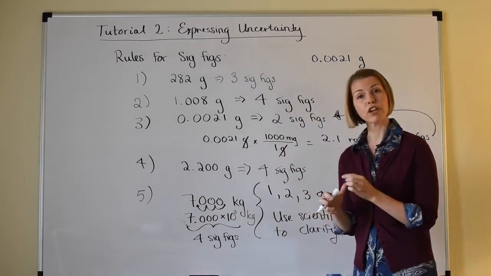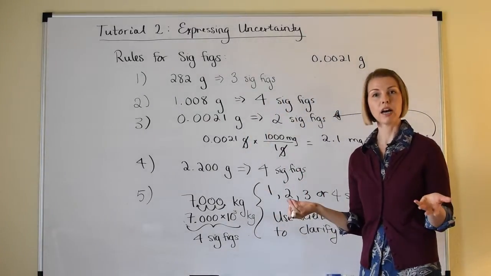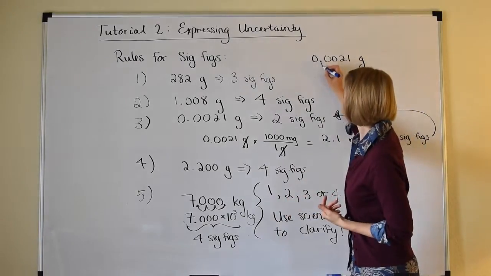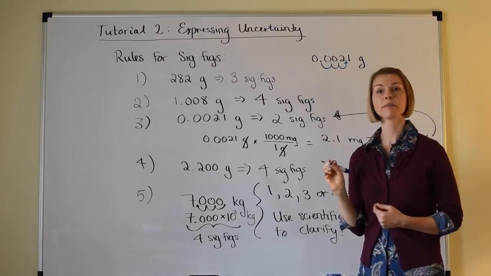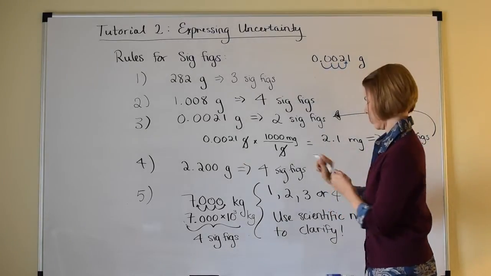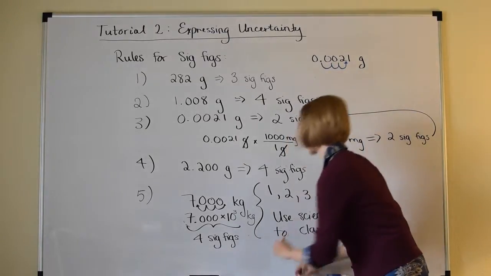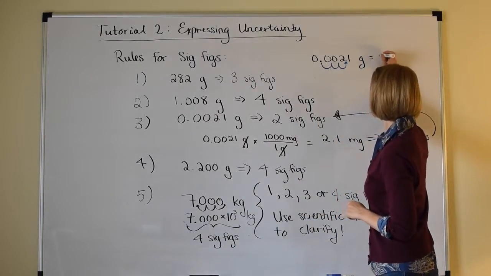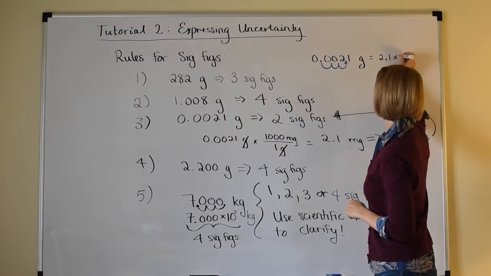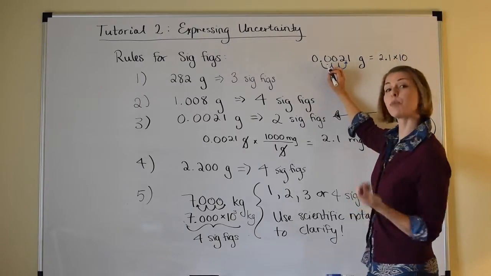You're still going to move it until you get a number between 1 and 10. 1, 2, 3. Okay, so we get 2.1. Let's go back to the black pen. Okay, and we're going to times it by 10 to the appropriate exponent.